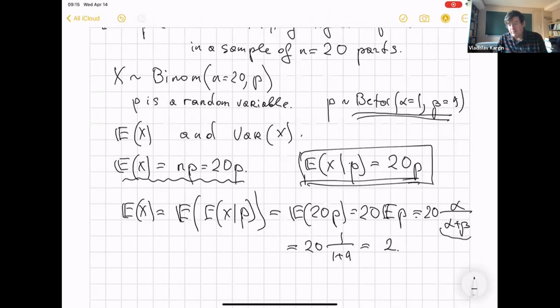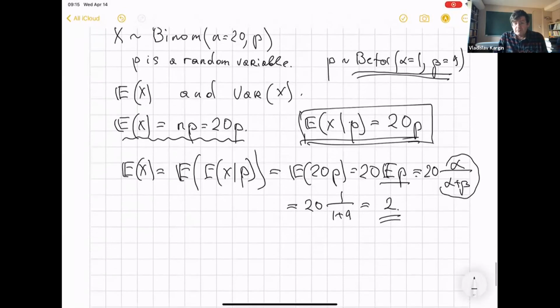So it should be 20 multiplied by the average value of p, 20 times 1/10, which is equal to 2. So it's not a very surprising thing, but this is how we can calculate it using the law of iterated expectation.